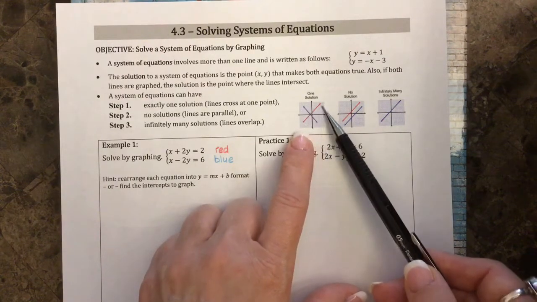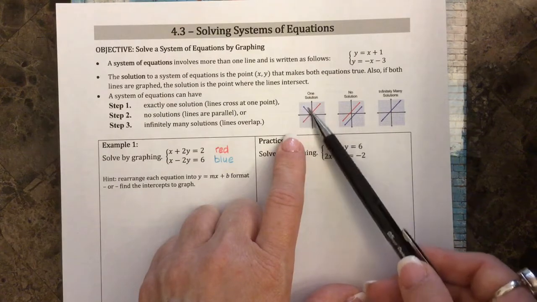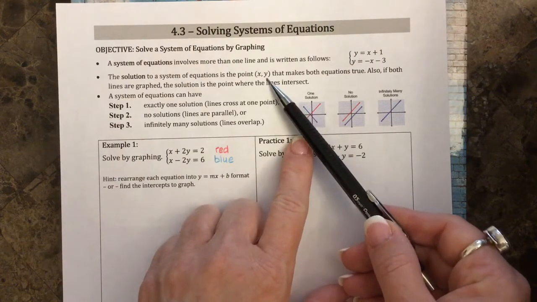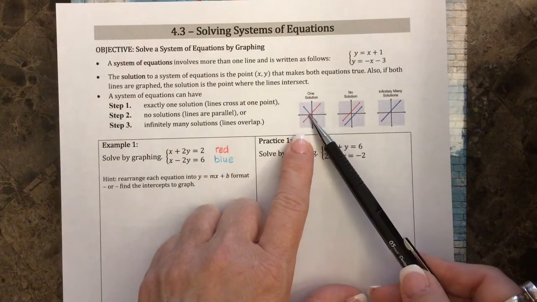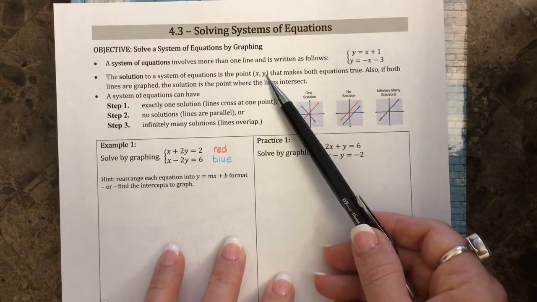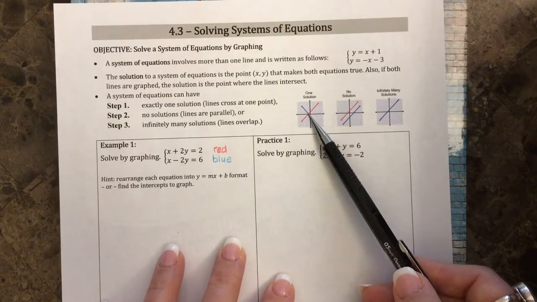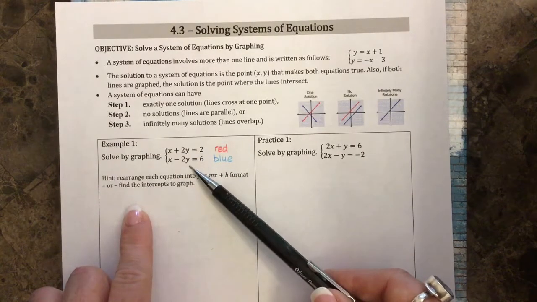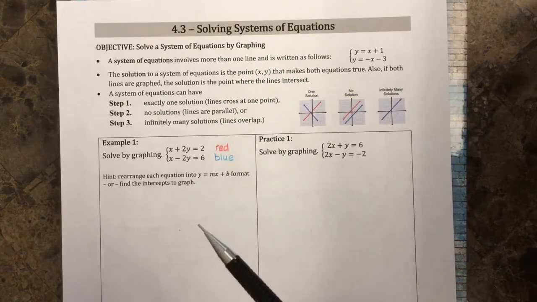And that could be that your two lines, indicated by the red and the blue here, intersect at one point, and that one point, written in the form (x, y), is going to be the solution of the system. And again, what that means is that whatever values of x and y exist at that point could be plugged into the equations of each line and cause them to be true.